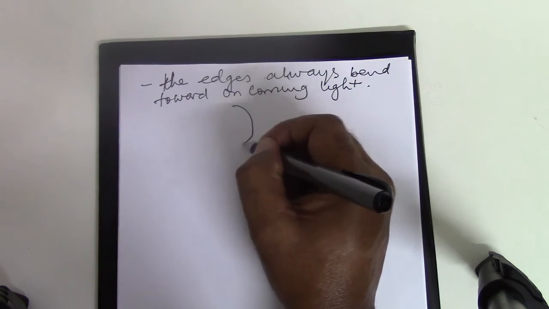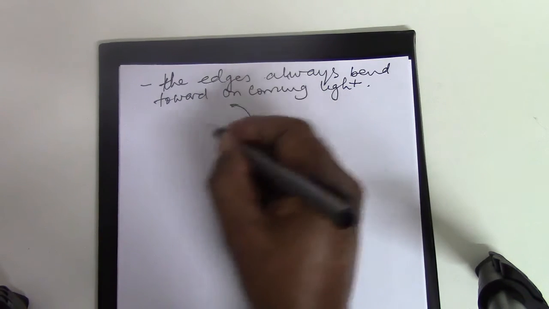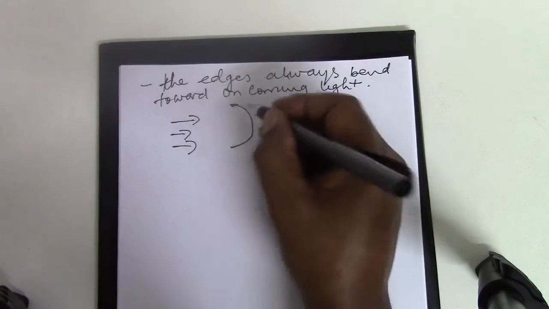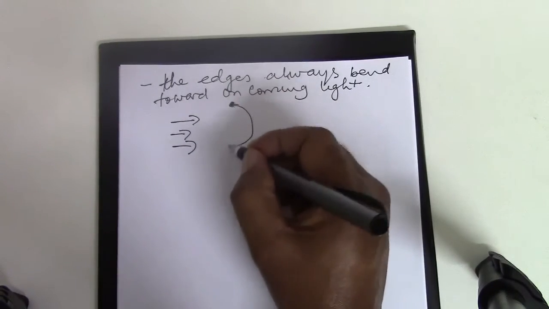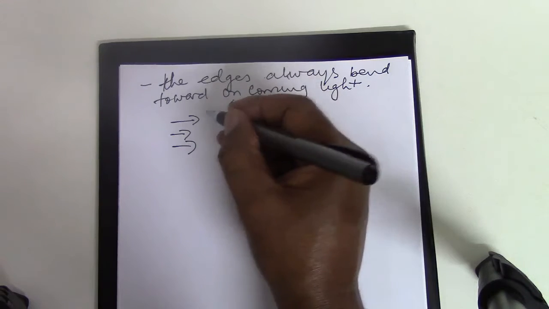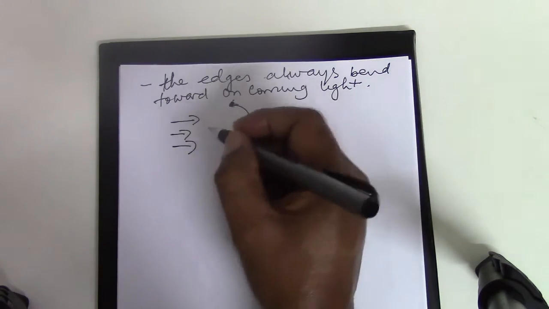That is, this is how it bends. The light is coming this way, and it bends. These are the edges. And these edges, they bend towards the incoming light.